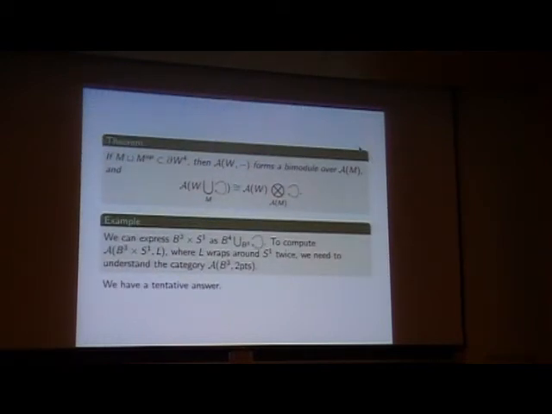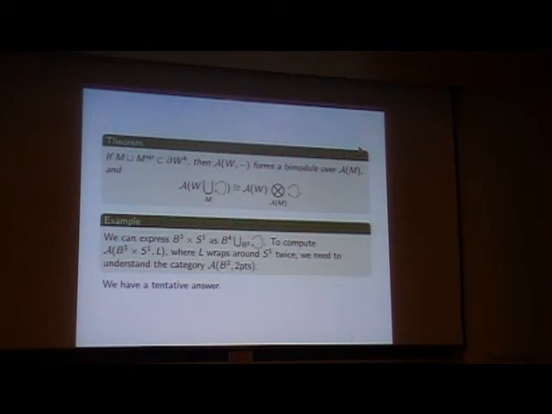If you've got a 4-manifold with two copies of M in the boundary, then the invariant of that 4-manifold forms a bimodule over the category associated to M. And the general nonsense of TQFTs tells us that we can compute the vector space associated to W glued to itself along M as the self-tensor product of this bimodule A of W over the category A of M. An example of the sort of thing that you want to apply this to is that you can think of B3 cross S1 as just a single four-ball glued to itself along a B3.